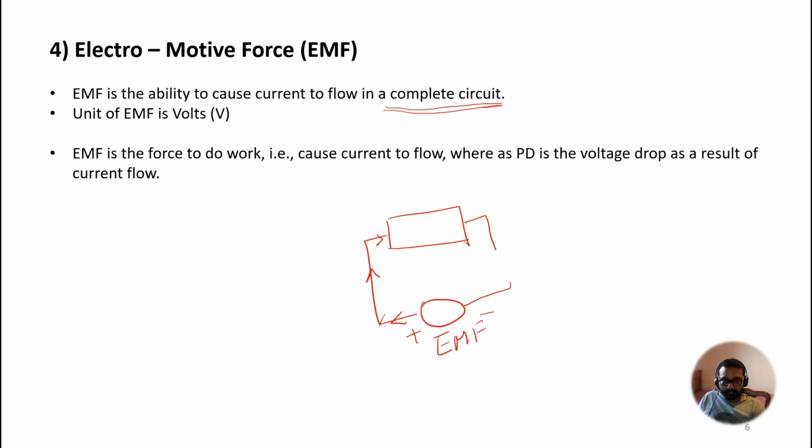But if your circuit is complete, it is the force which makes the current flow, and because of this flow of current, some potential difference will develop and cause some voltage drop across the component, or across this resistance which you have connected, right?